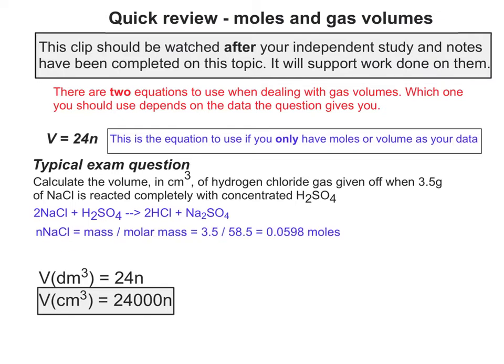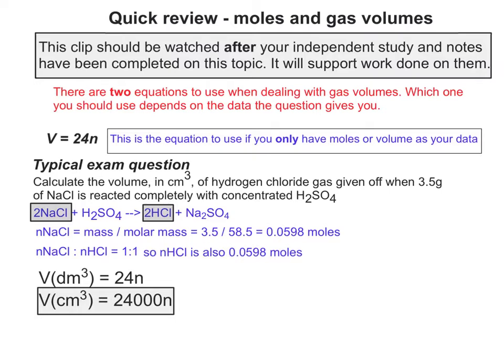Using moles equals mass over molar mass, I work out that I've got 3.5 over 58.5 equals 0.0598 moles of sodium chloride. Now using the mole ratio from the equation, you can see they're equimolar, so this means a 1-to-1 mole ratio between them.